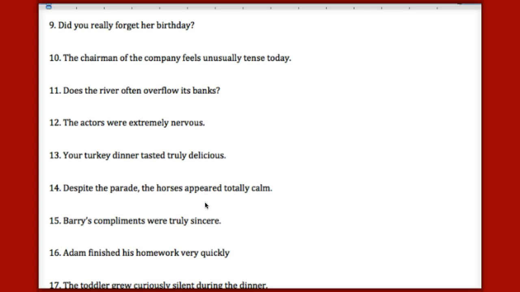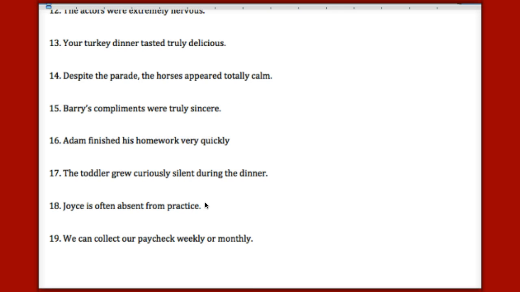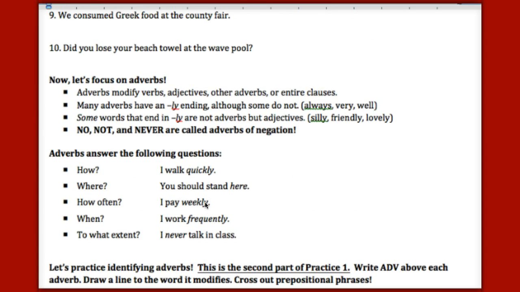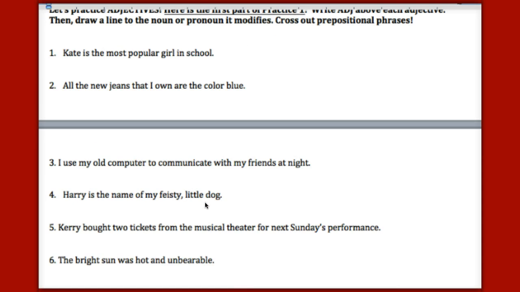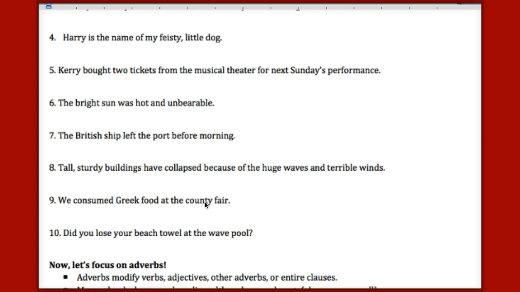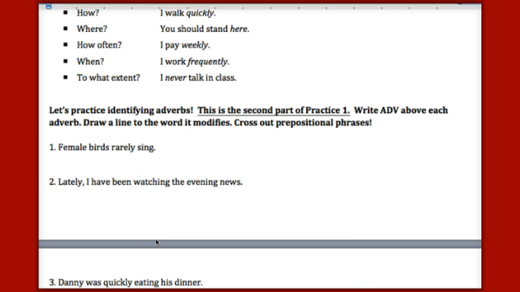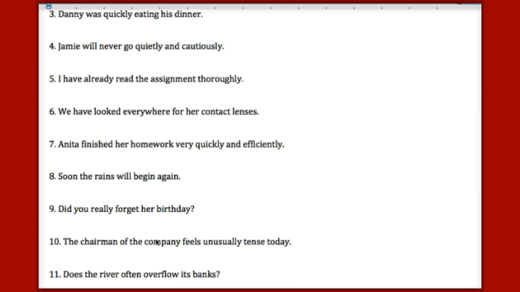Okay, take a look at those next couple of sentences and see if you can find the adverbs in those and finish that for practice, and then go back up to this sentence, the first part of practice 1, and complete the Kate is the most popular girl in school sentence through number 10, did you lose your beach towel at the wave pool? If you don't get every single one, that's okay. This is just consecutive practice to continue helping you.